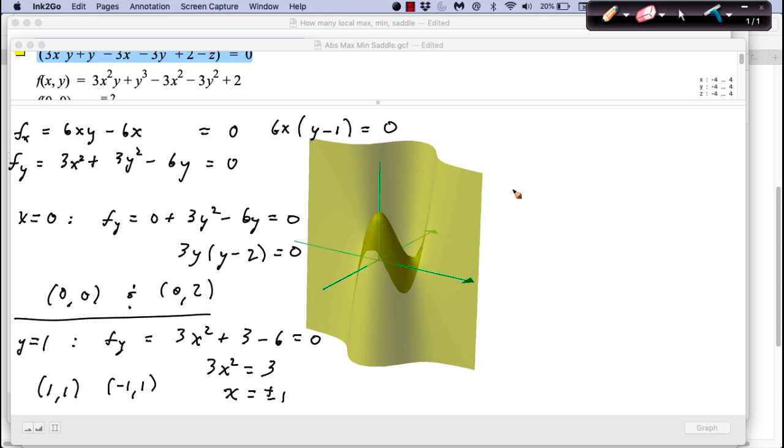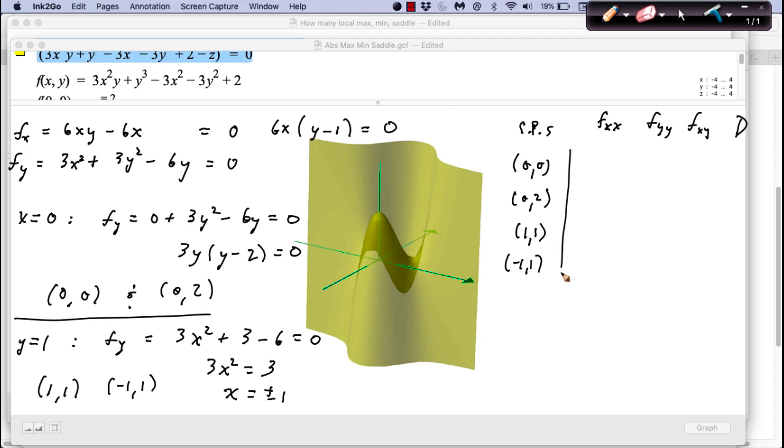So I'll just give you the roadmap here. We won't finish it, but your critical points are (0, 0), (0, 2), (1, 1), and (negative 1, 1), and we've got to get fxx, fyy, fxy, and D for each of those. Getting fxx, fyy, fxy helps you get D. So you can make a table for this.